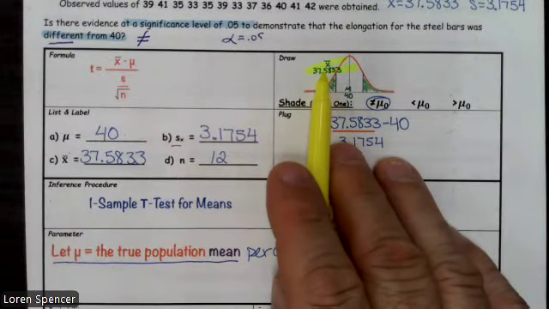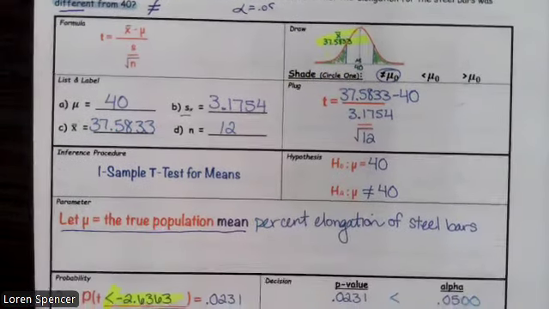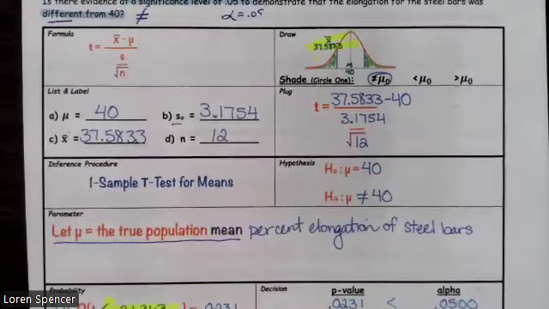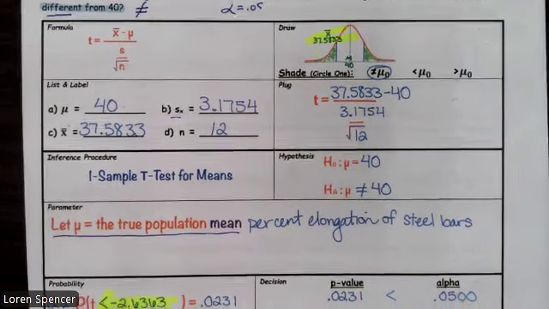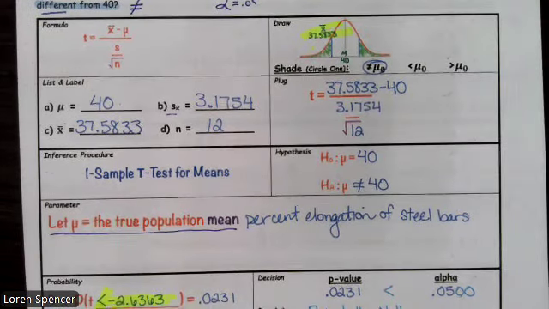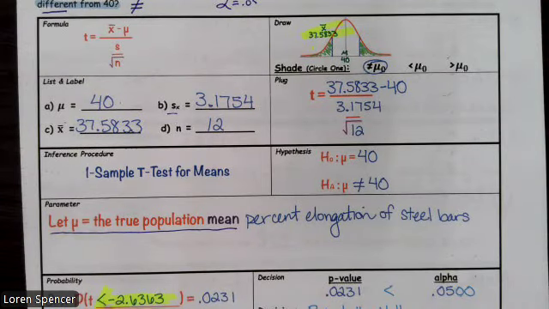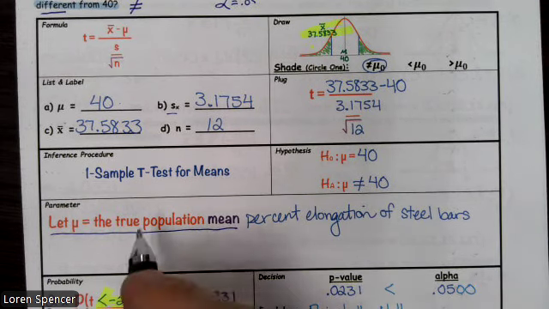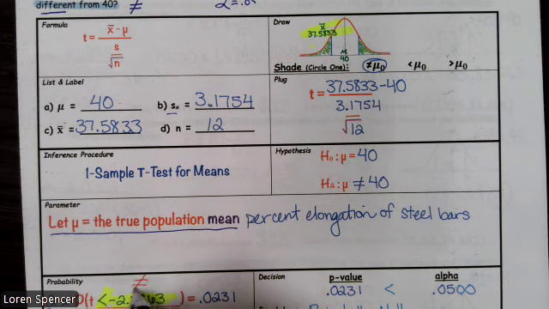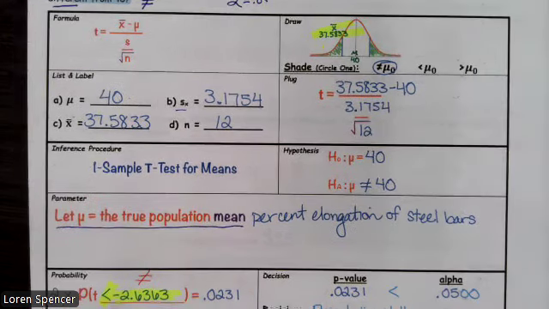So between being below the mean and being negative, having a negative t statistic tells me that I'm going to have a less than symbol. But anytime we're using not equal or a two-tailed test, we need to have that 2 times out there.